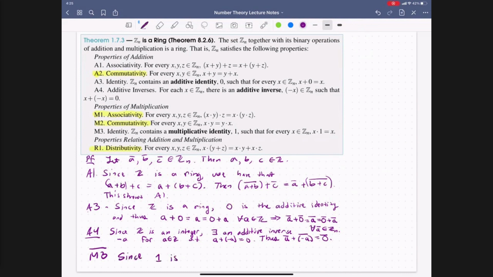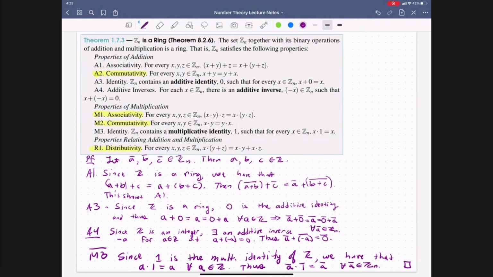So since 1 is the multiplicative identity of Z, we have that A times 1 is equal to A for every integer A in Z. And now reducing that modulo n, we have A bar times 1 bar is equal to A bar for every congruence class in the integers modulo n. And that establishes the statement that we were going to prove.